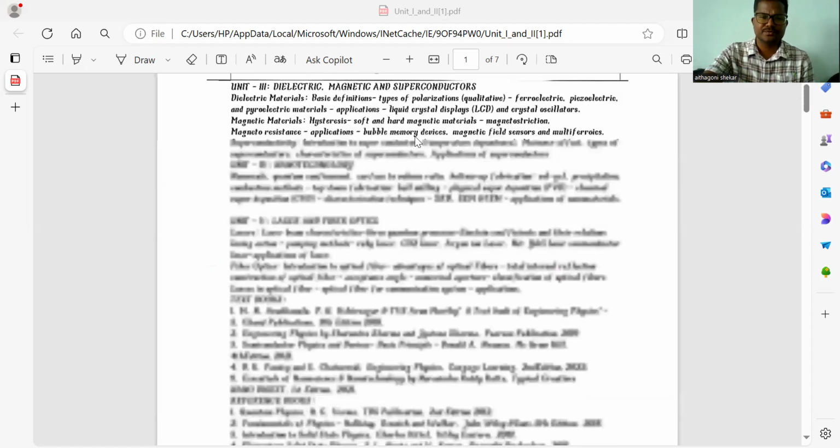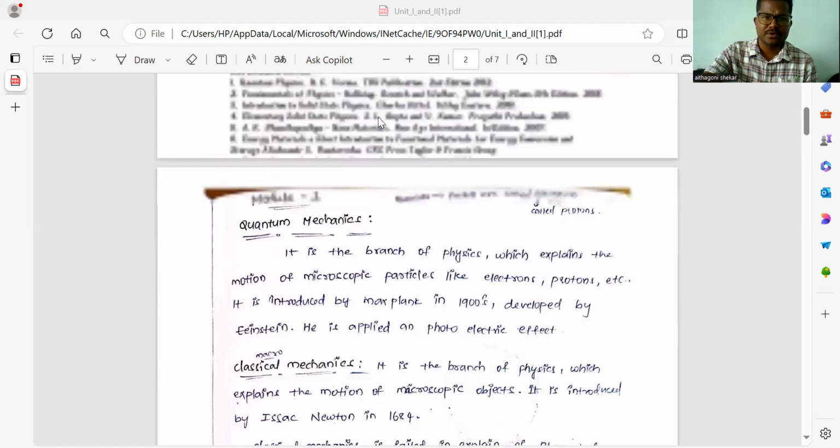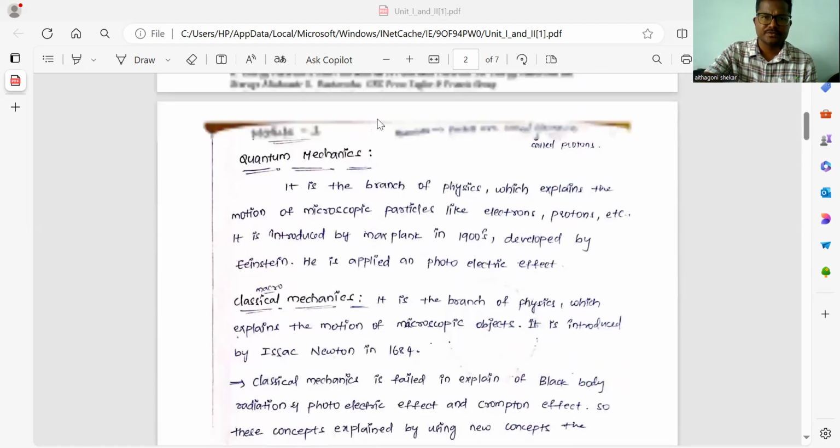What is quantum mechanics? It is the branch of physics which explains the motion of microparticles like electrons, protons, etc.